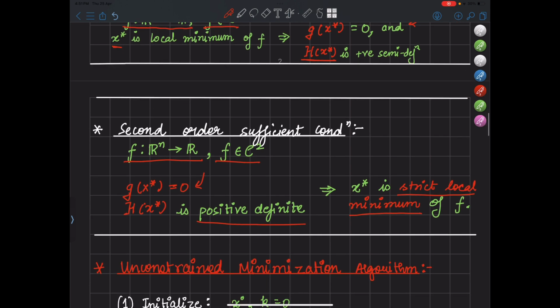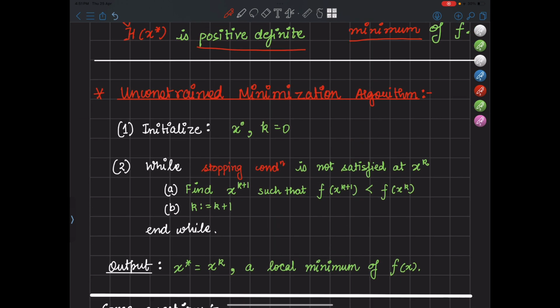Using these three conditions, we defined a minimization algorithm, in which first we initialize x naught. Basically we set the initial value of the input variable and the iteration variable to 0. Then we run a loop till the stopping condition is satisfied at xk.